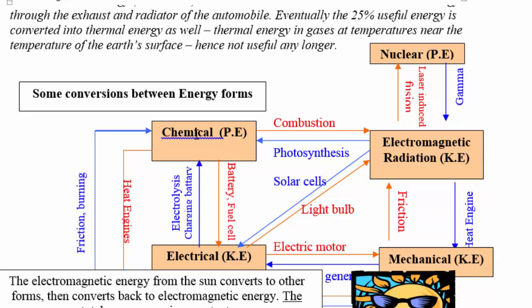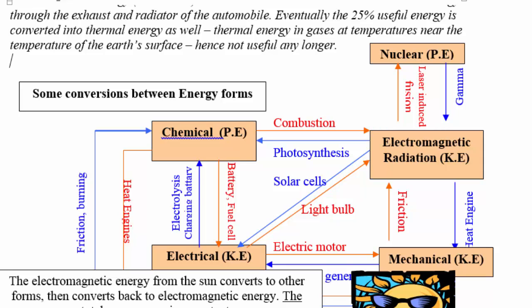Also, chemical potential energy stored in batteries can turn into electricity, electrical kinetic energy, and vice versa. Electrical kinetic energy can be converted to chemical potential energy during electrolysis and charging batteries, and so on. So this chart actually gives you all the conversions that take place between those types of potential and kinetic energies.